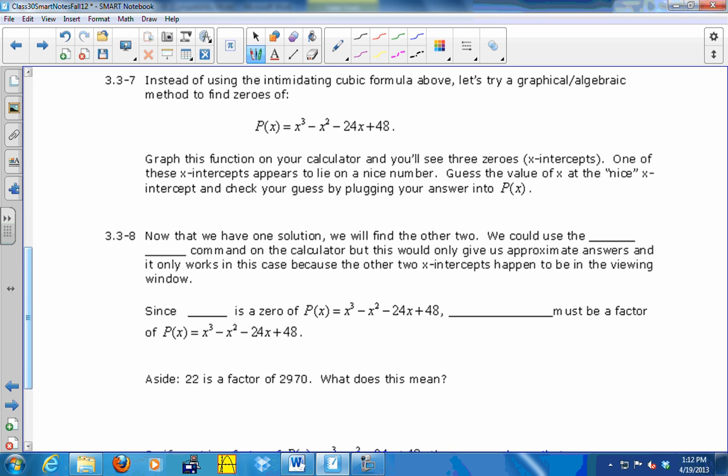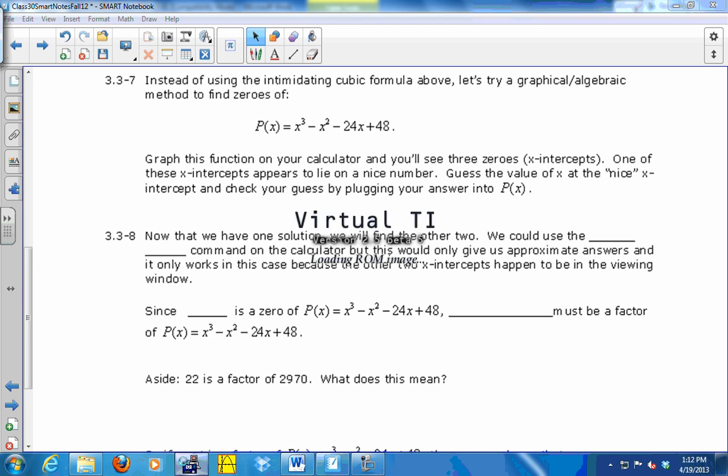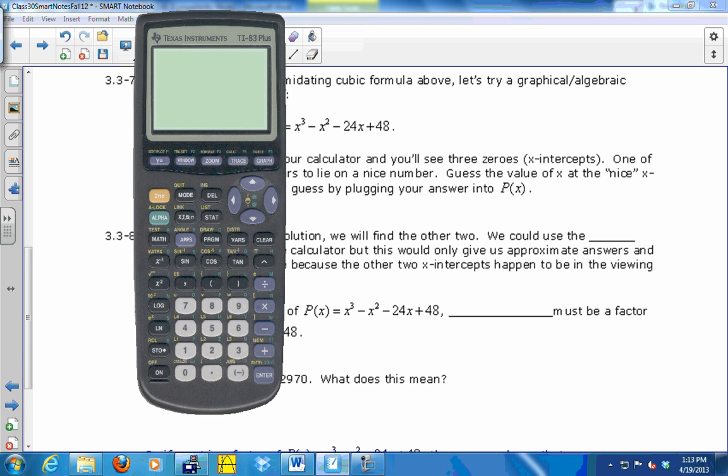So first, we graph it. We type in the formula x cubed minus x squared minus 24x plus 48.